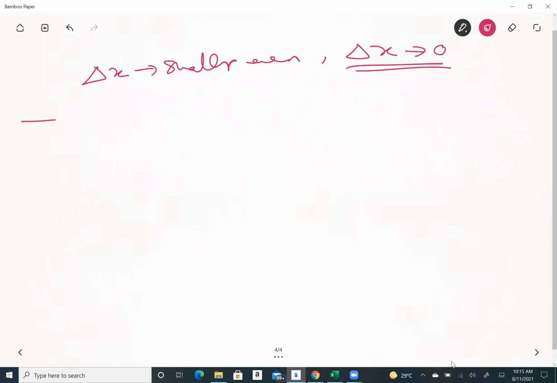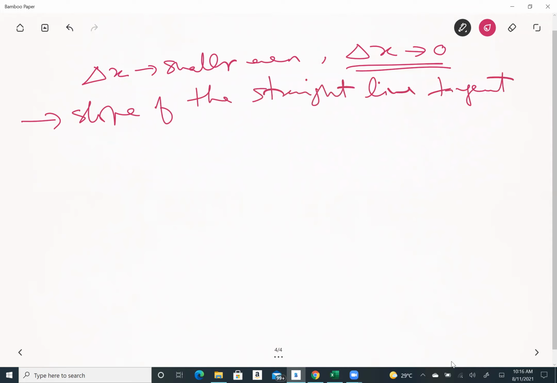So what you will get will be the slope of the straight line just tangent to the curve y equal to f of x, at where? At that point, particularly at that point.